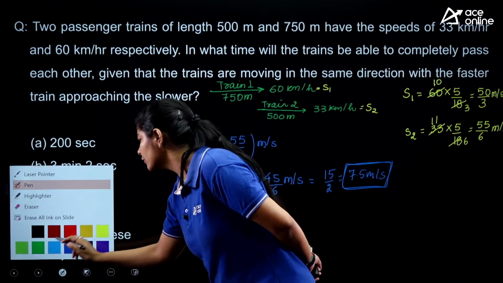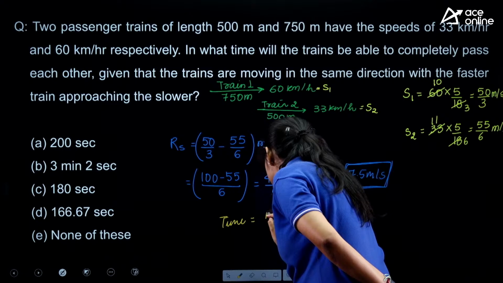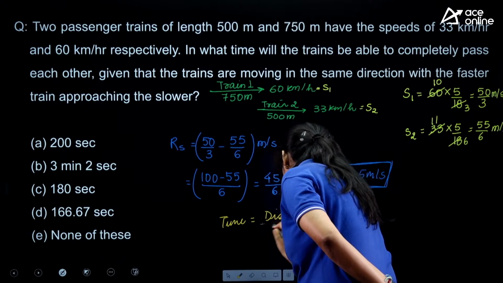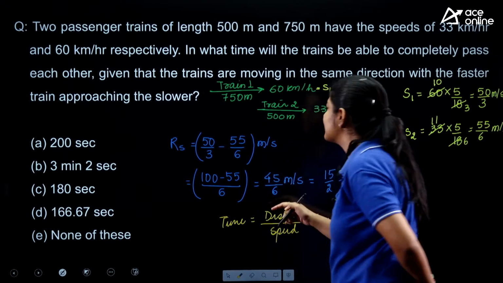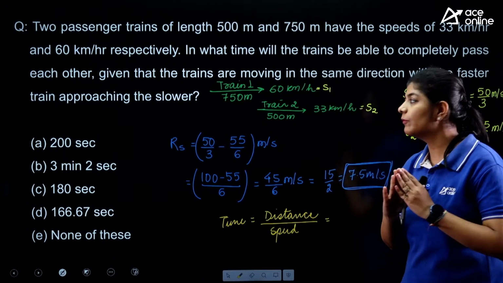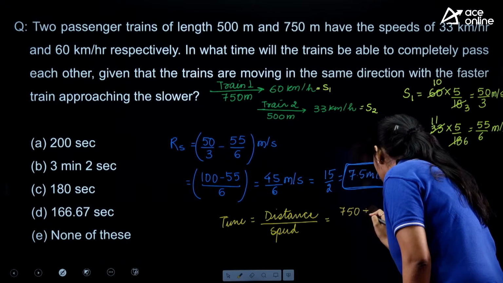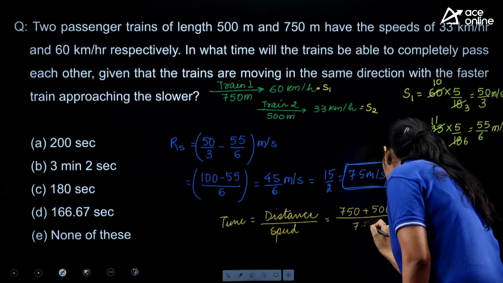Now we just simply have to calculate the time, and the time is nothing but distance upon speed. And in any case, distance is nothing but the total length of both the trains. So this is nothing but 750 plus 500 divided by 7.5.